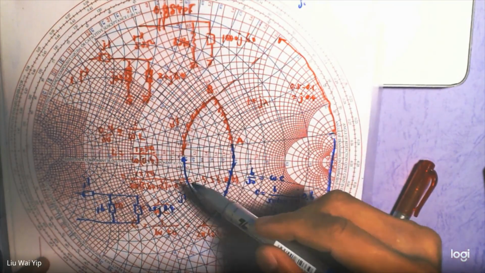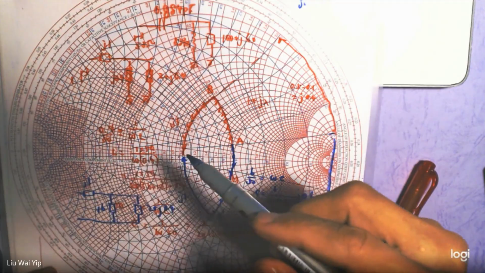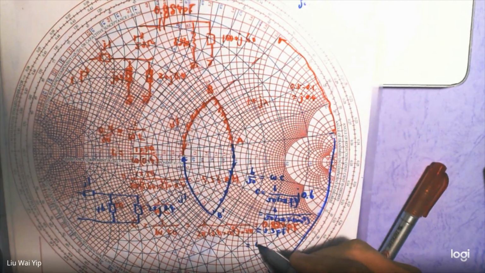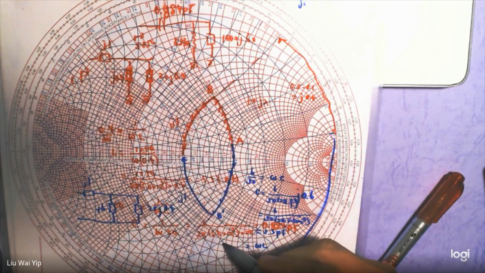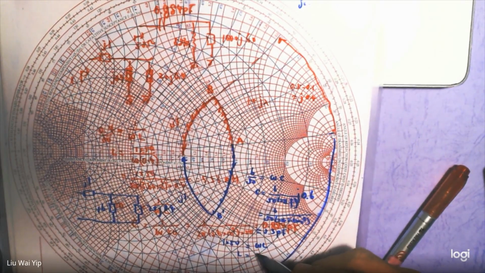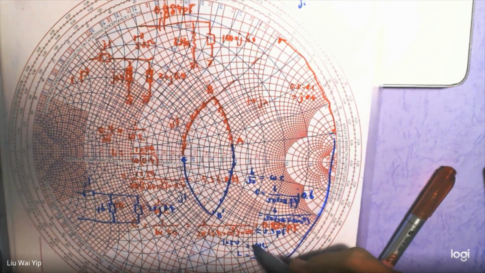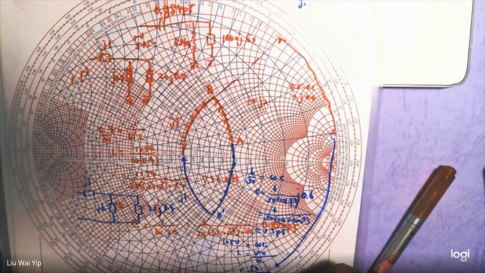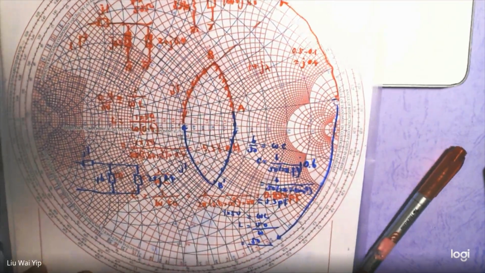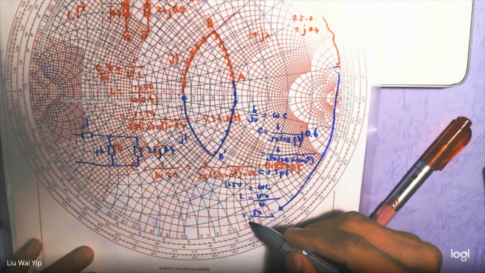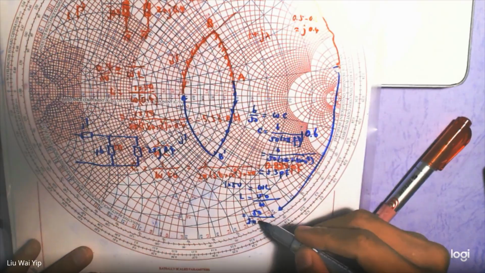And I'm going to calculate this one. For this one, you need an inductor. So omega L, and then you need to denormalize it, 1 times 50. Again, L will be 50 divided by omega, and then 2 pi f.